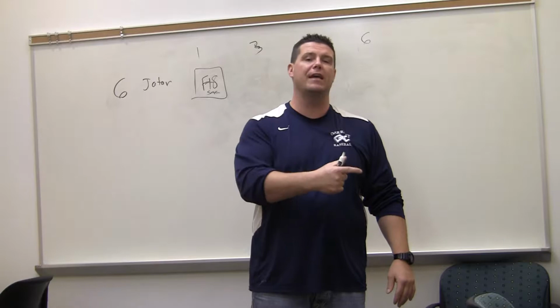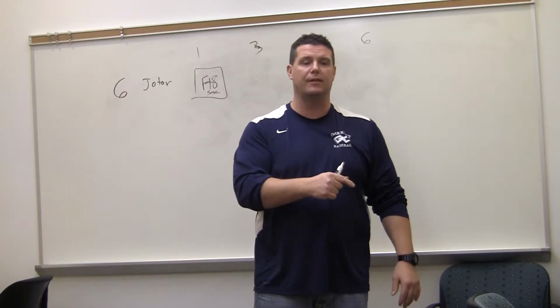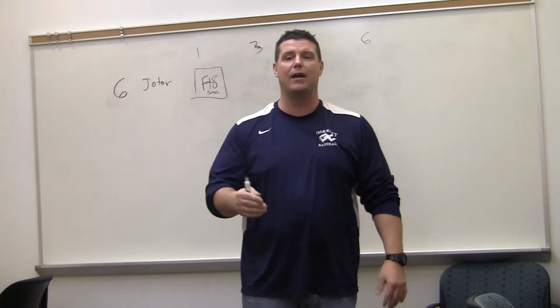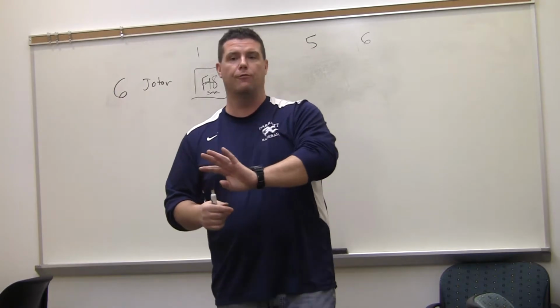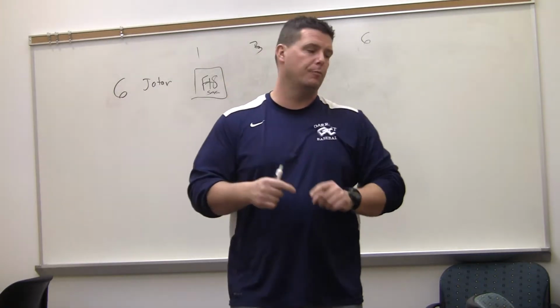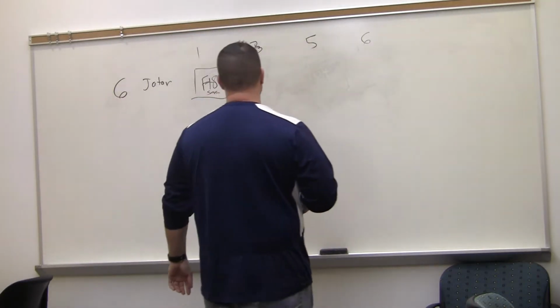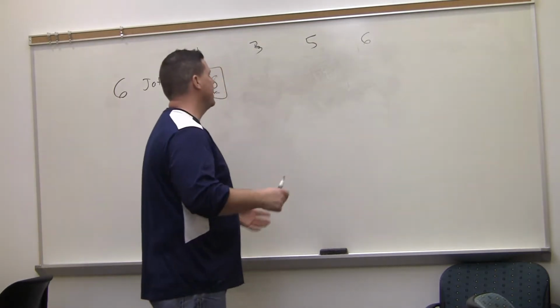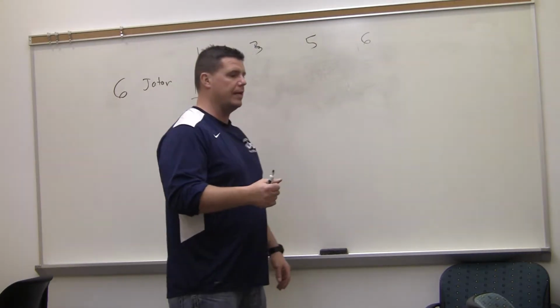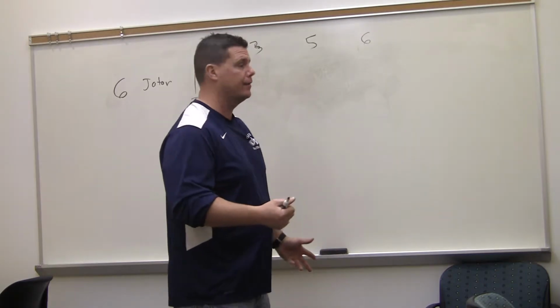He just advanced to the base. It's not a sacrifice because he didn't score a run. So that batter would be 0 for 1. Some people get that mixed up as far as when to give a person a sacrifice and when not to.